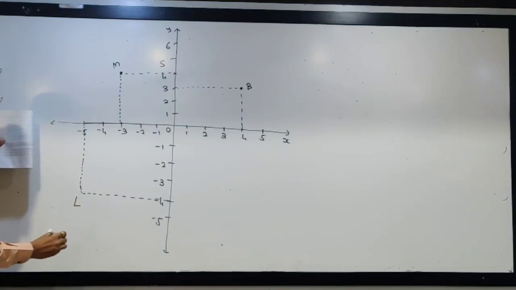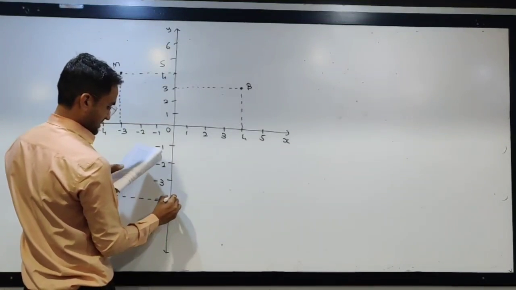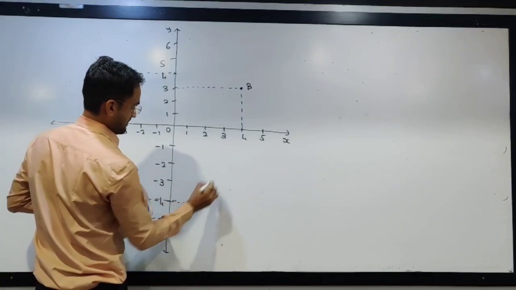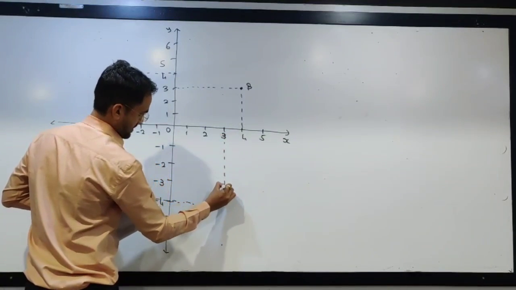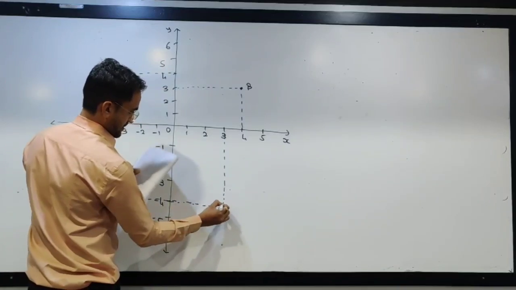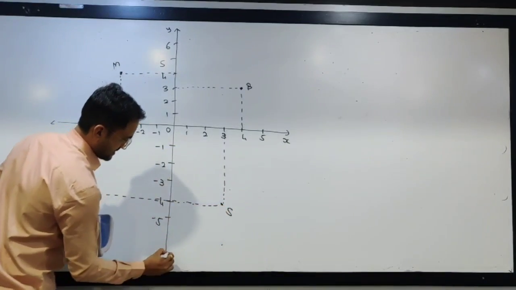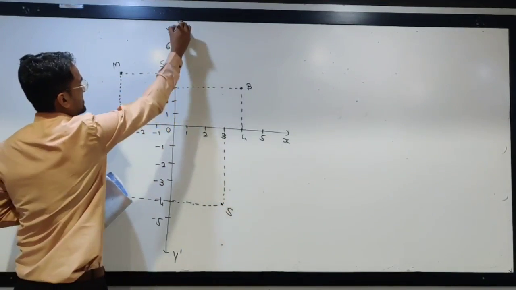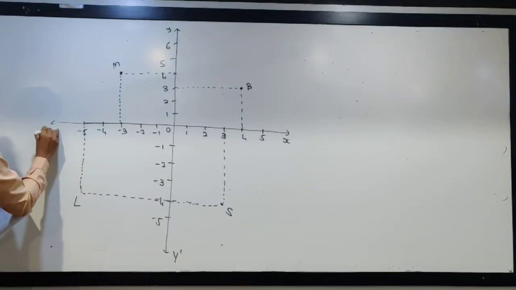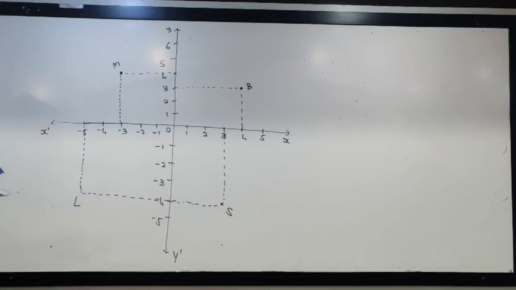This is L, and this is S. This is Y'OY and XOX'. Right? So this figure is given, and based on this figure we have to answer.